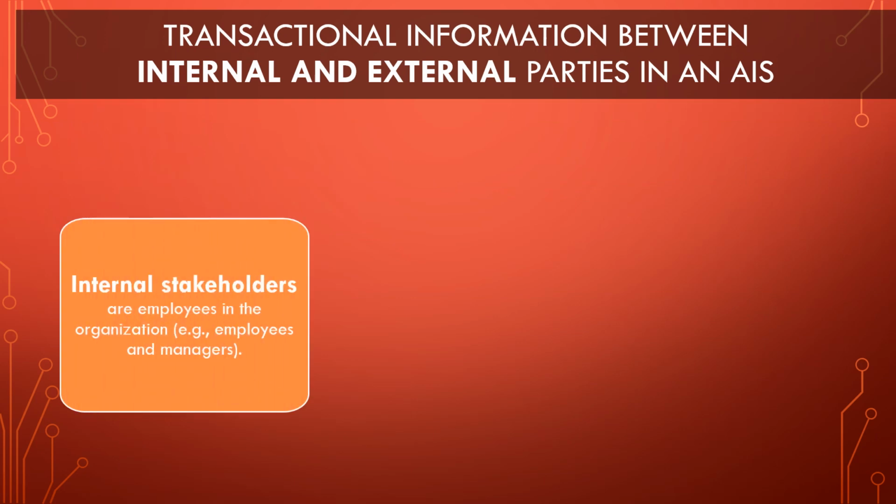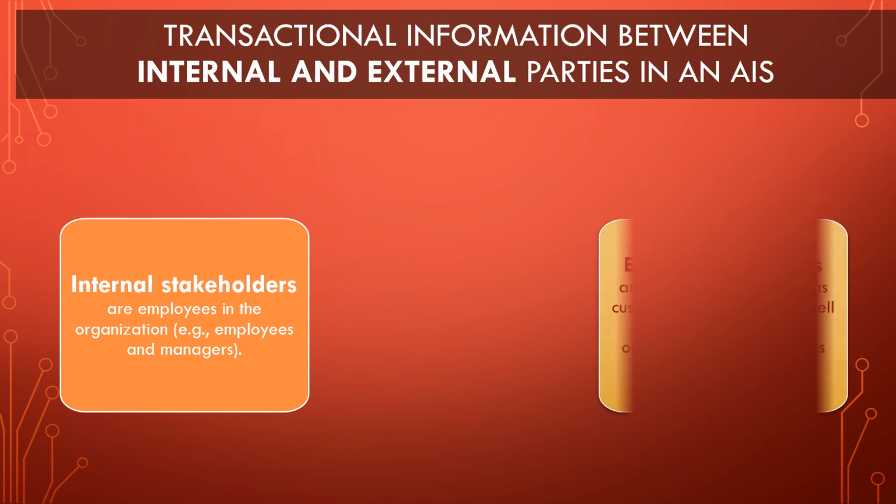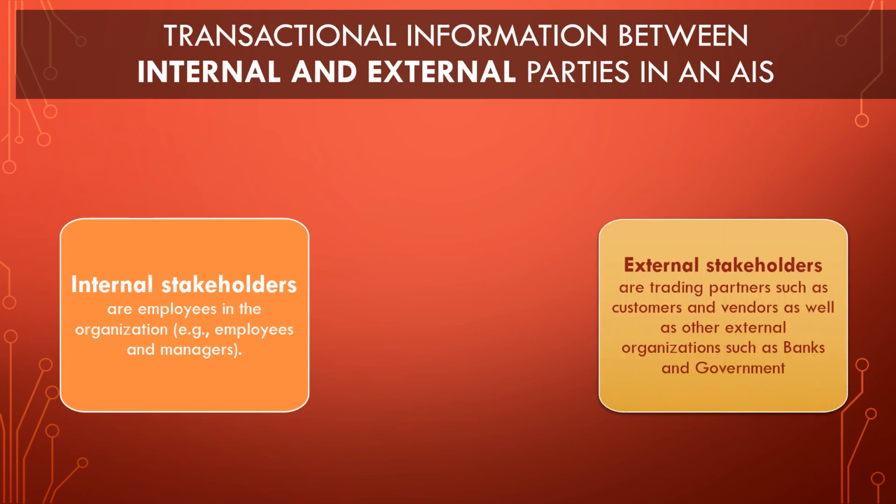Internal stakeholders are employees in the organization or the managers, whereas the external stakeholders are the trade partners such as customers and vendors, as well as other external organizations such as banks and governments. So we have interaction between the two.